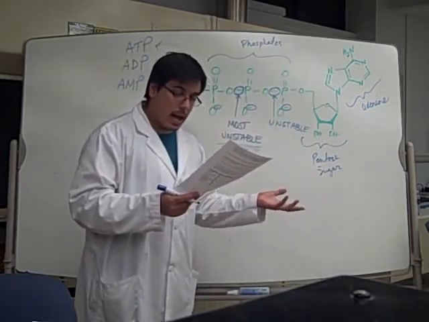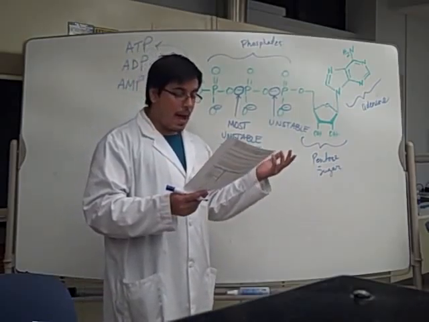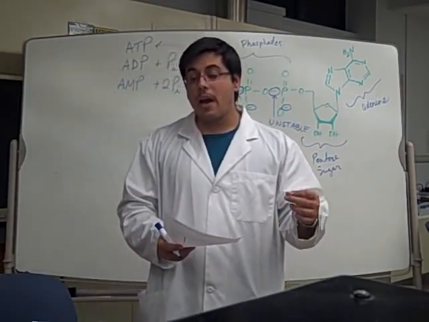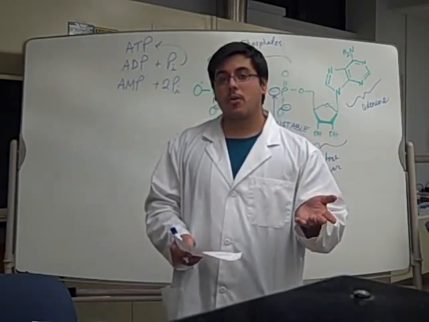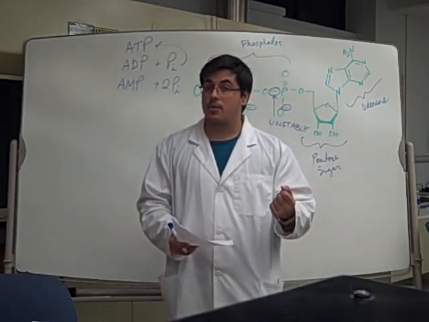I already explained how ATP stores the energy, and as far as how does ATP power energy requiring reactions, so as far as the actual reactions that go on in the cell, they're for the most part endergonic, okay, which require the intake of energy.